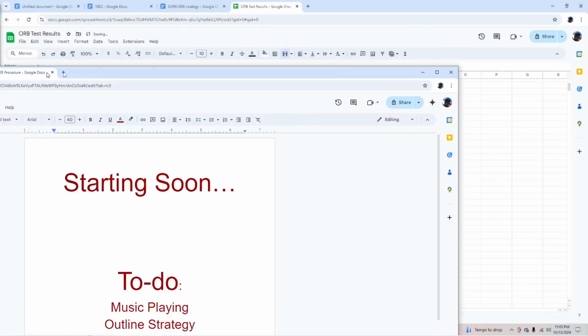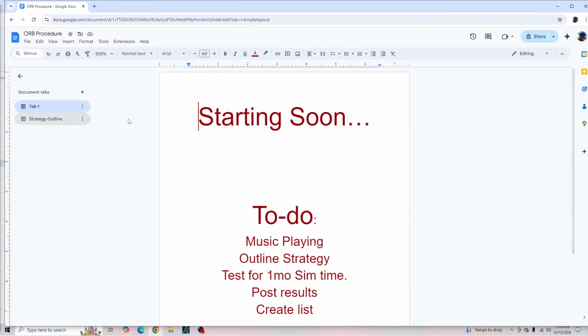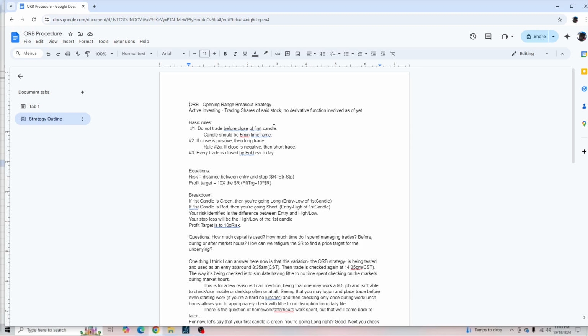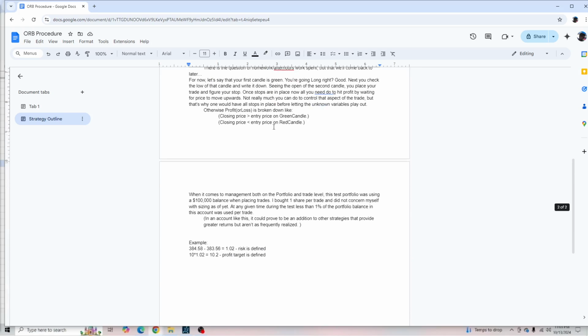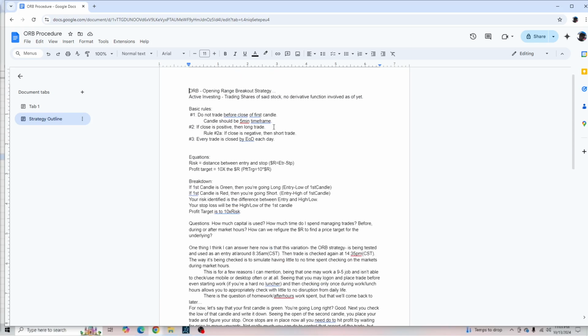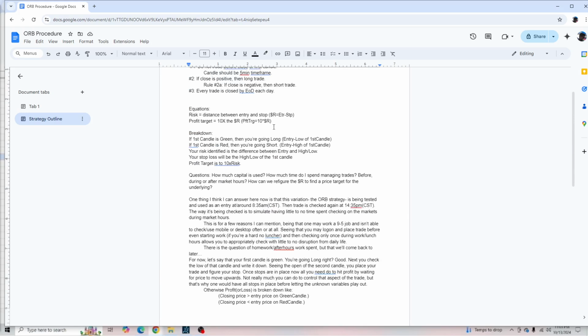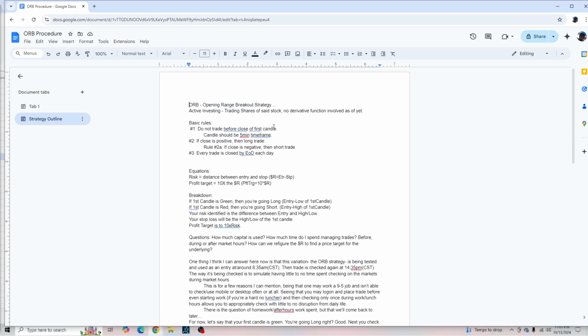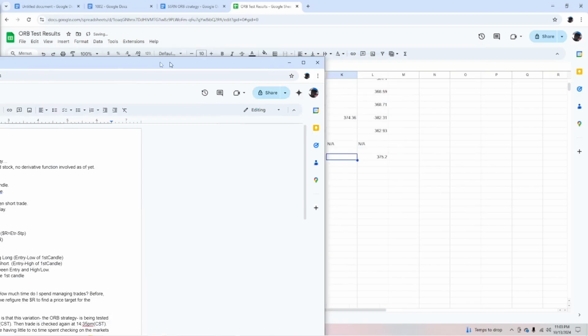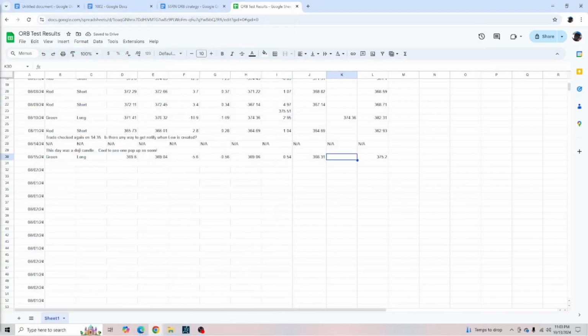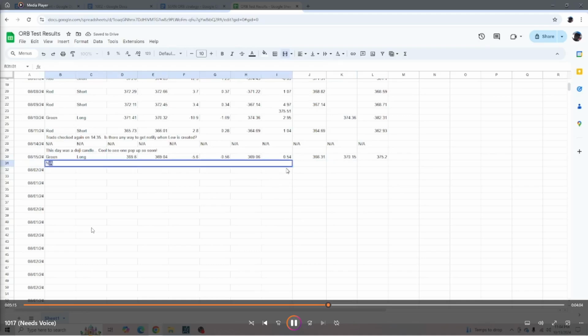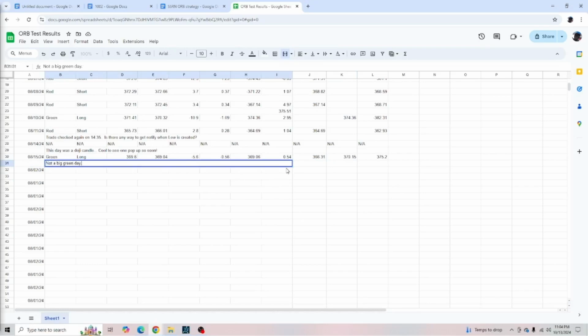So I'm going to bring this over here, and if we jump down to the strategy outline, I have all of this listed out. I wouldn't say I have it fleshed out. It's not a very complicated strategy, first and foremost, which is really nice. I seem to have narrowed it down to some pretty simple entry positions, exit positions, soft and hard stops.